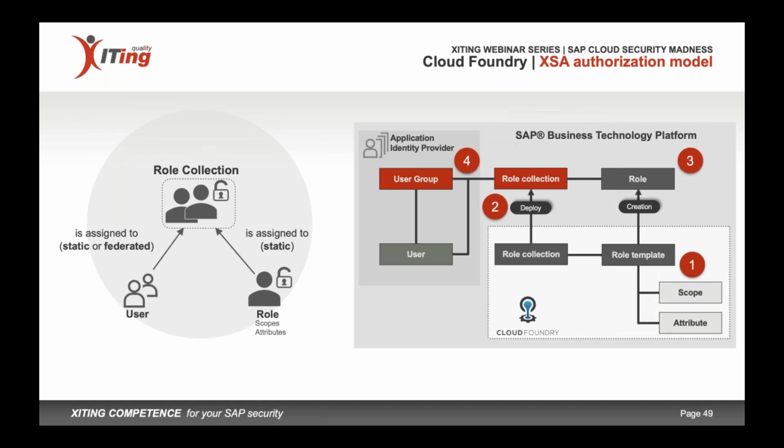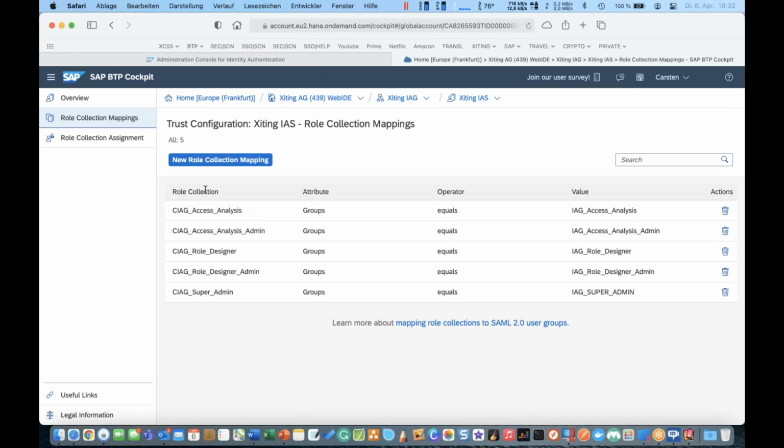Going further, the business users have to be authorized using role collections, with corresponding attributes like company, plant, department, cost center, and so on. That happens through aggregating single roles in a role collection. That is typically a static process. You can have many roles as part of a role collection, and the ones that we have just seen in the business technology platform are role collections containing a lot of roles, technically.